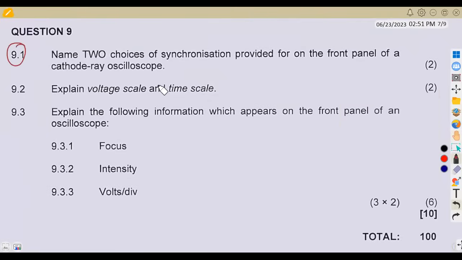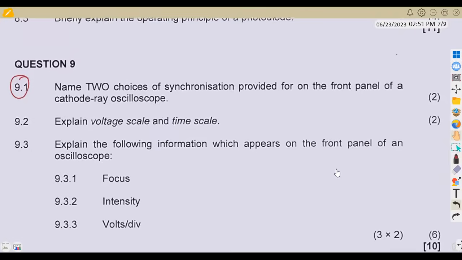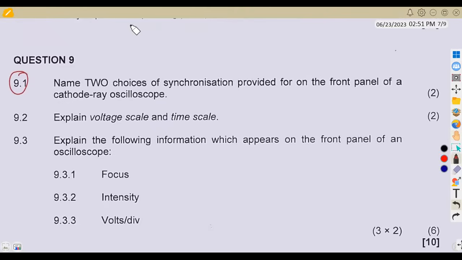Question number 9.1, name 2 choices of synchronization provided for on the front panel of a cathode ray oscilloscope. All right, what are the choices that are presented?